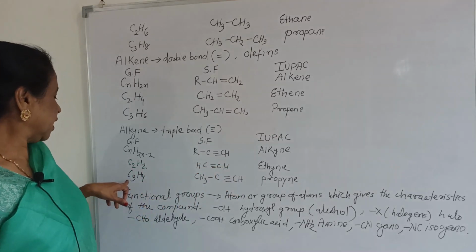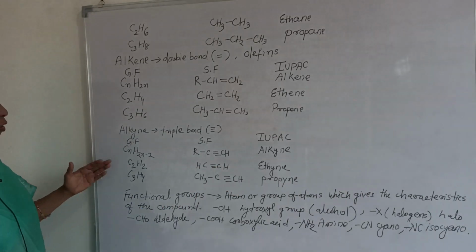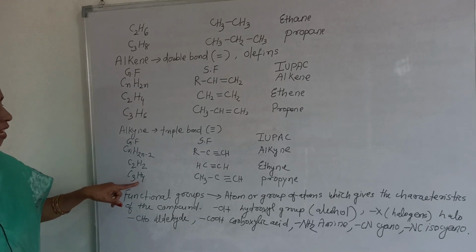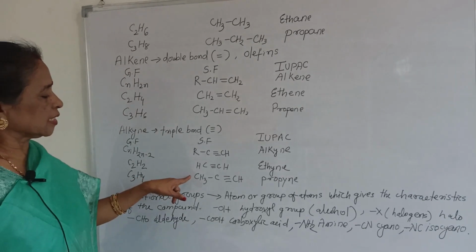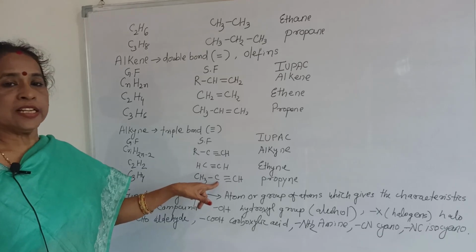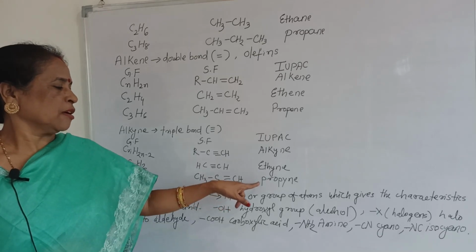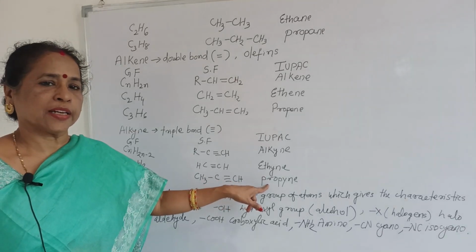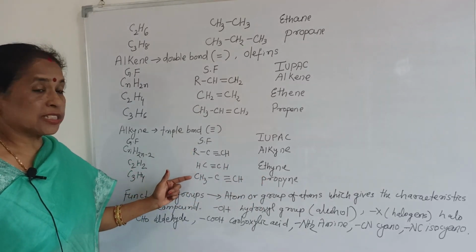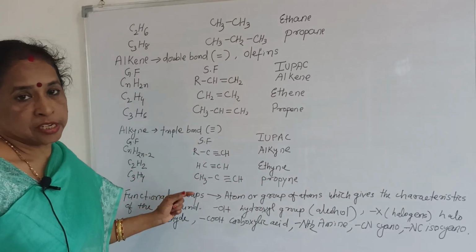Ethyne. Similarly, next member in homologous series C3H4, here CH3 single bond C triple bond CH, and name is propyne. You can find everywhere there is a CH2 unit difference.